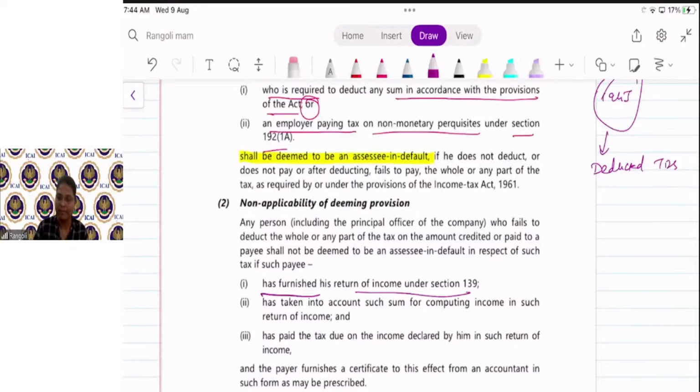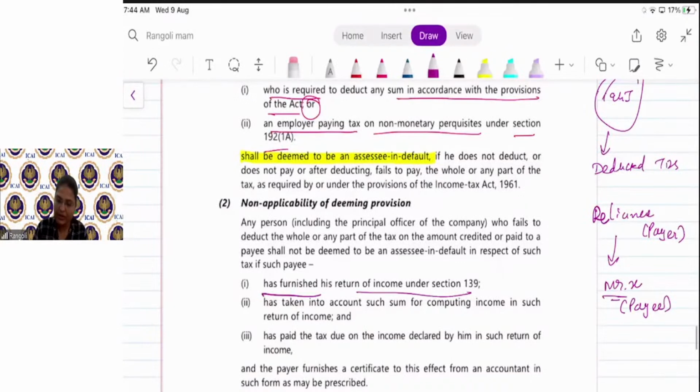Say for example, Reliance is required to deduct TDS, but Reliance has not deducted TDS on account of Mr. X. Now here the payer is Reliance and the payee is Mr. X.